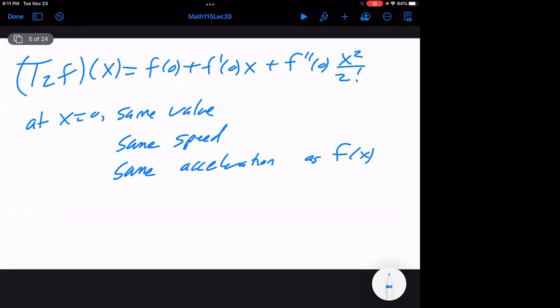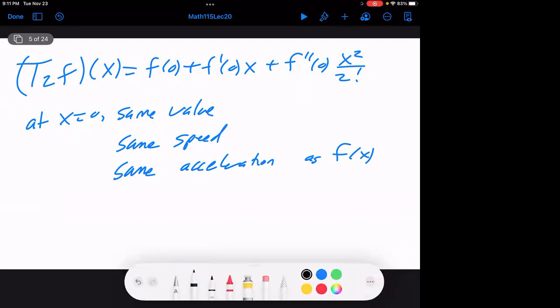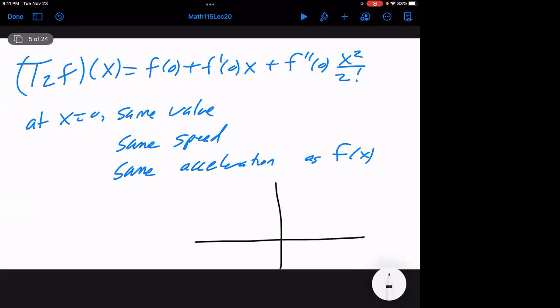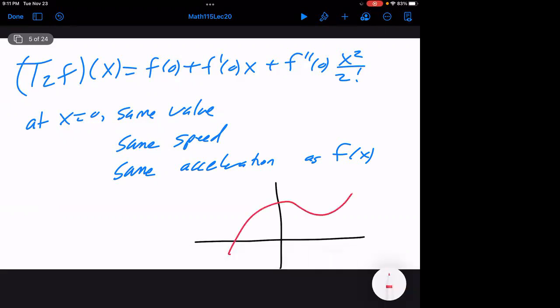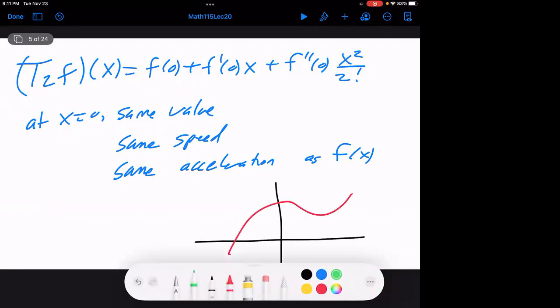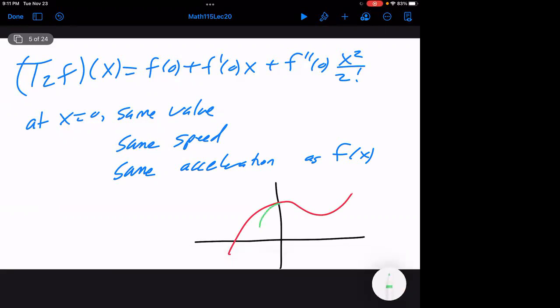So what we've just done is approximate our function with a polynomial, a quadratic here. If my function looks something like this, what I'm doing is finding the best parabola that approximates it nearby.